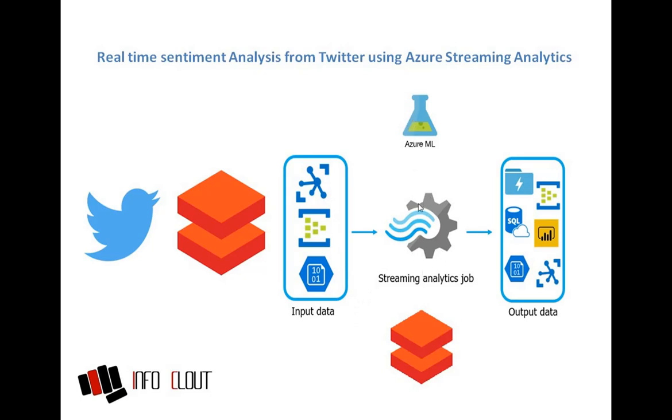Within streaming analytics, you can do the transformation using Azure Machine Learning or Databricks. And then the outputs can be a file store, another Event Hub, IoT Hub, an Azure SQL database, a blob store, or Power BI. So let's get started with pulling Twitter information into Azure Databricks.